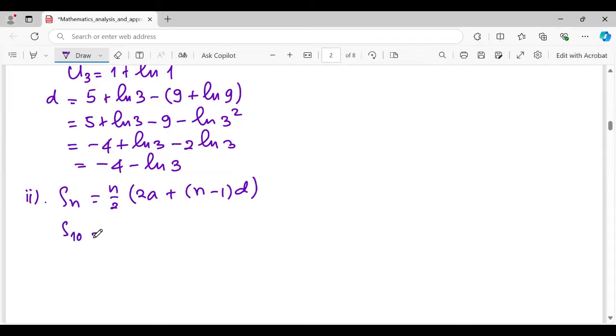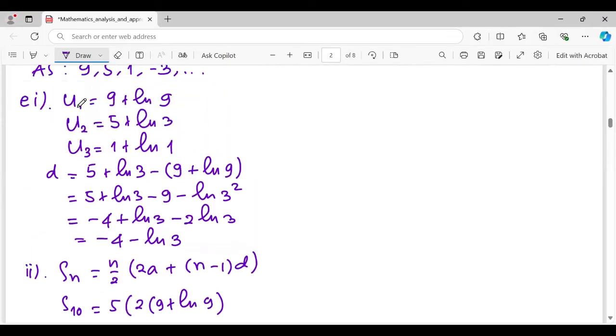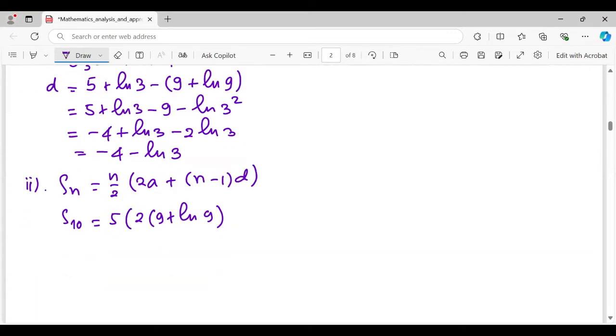So for S10, it means 10 divided by 2, times 2a, where a equals 9 plus ln 9, the first term, plus n minus 1, it means 9, times the common difference minus 4 minus ln 3.